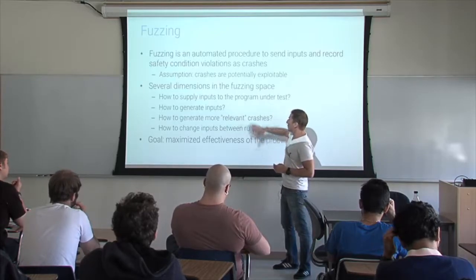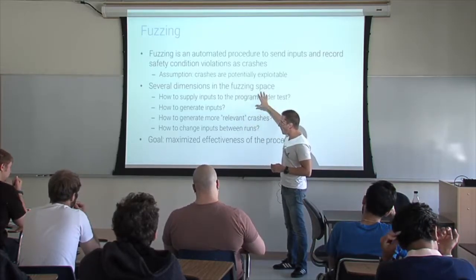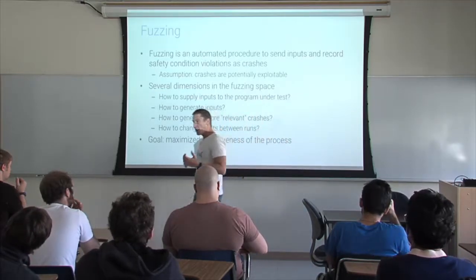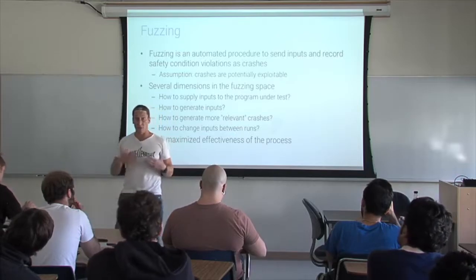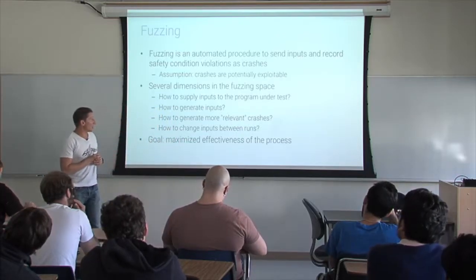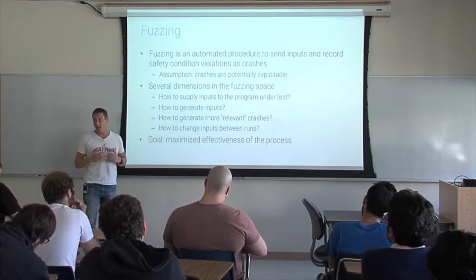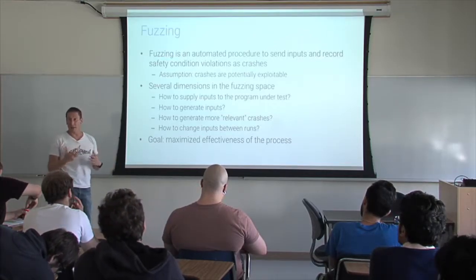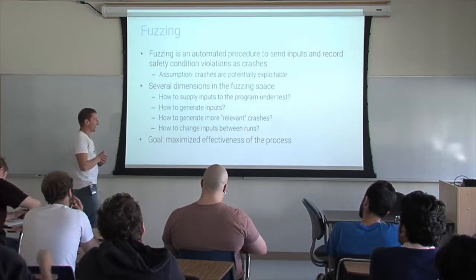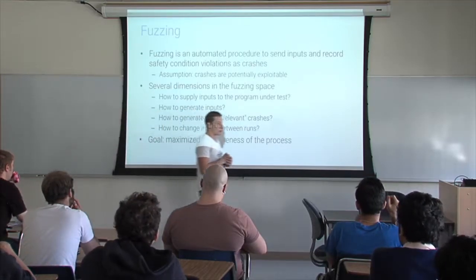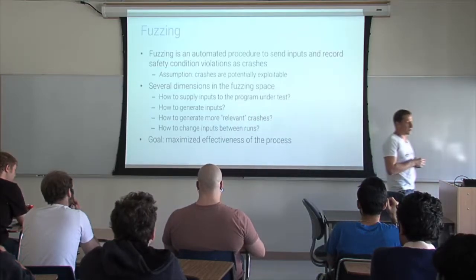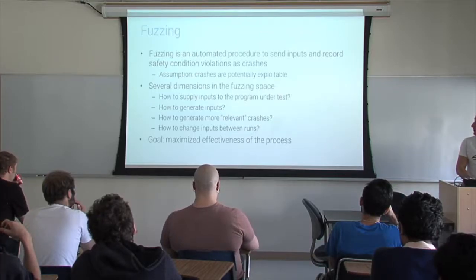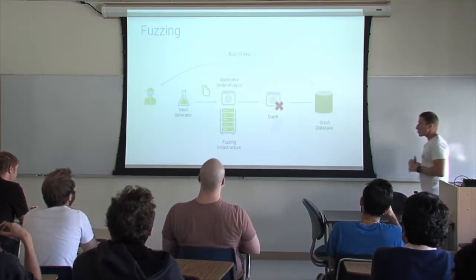But there are actually several problems with fuzzing. First of all, how do you provide the inputs? How to generate an input once you have an initial one? How to generate crashes that are actually relevant, that are actually associated with an exploitable vulnerability, and how to modify the inputs between runs. All these things, the goal is to have the most efficient process because the process is incredibly repetitive.